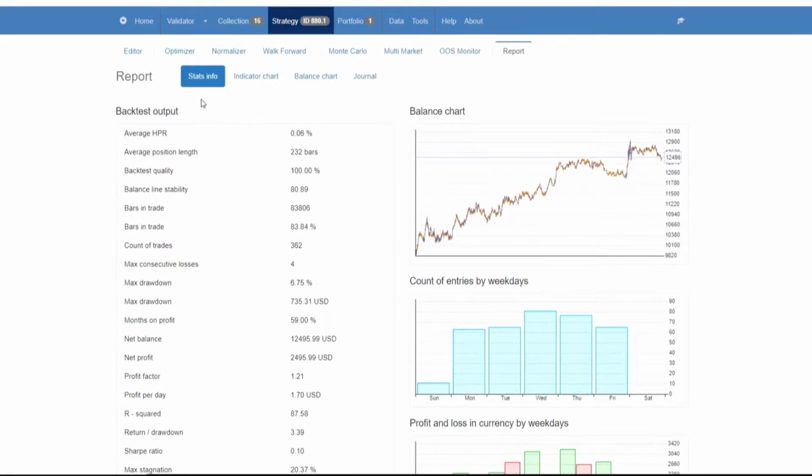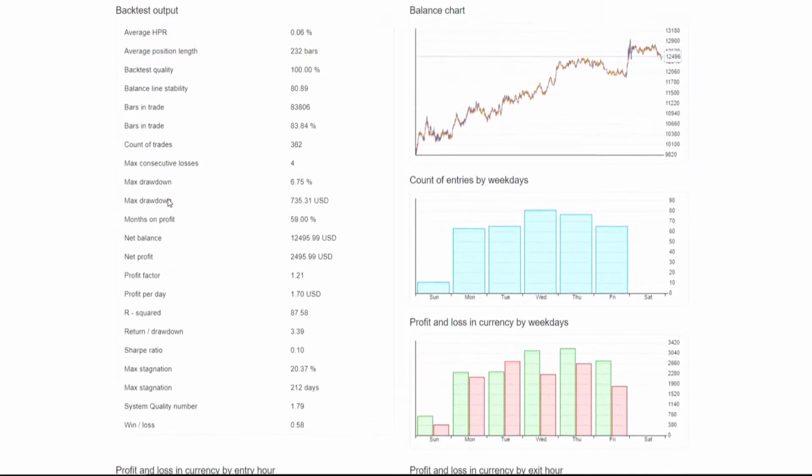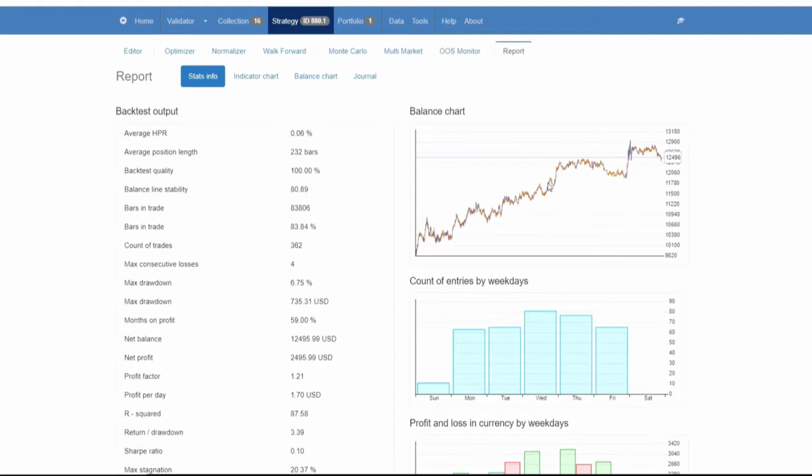So the first thing you'll notice is that we have the stats info, and this gives us a huge amount of backtest output metrics. As you can see, it gives you so many different statistics that you can look through, as well as different charts.